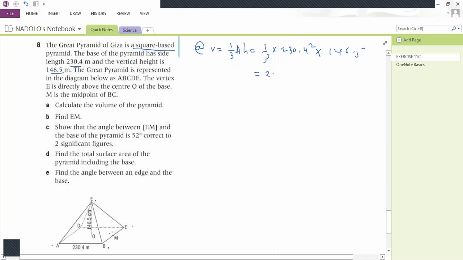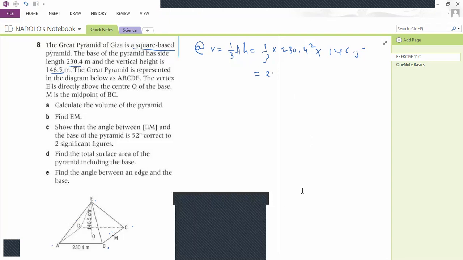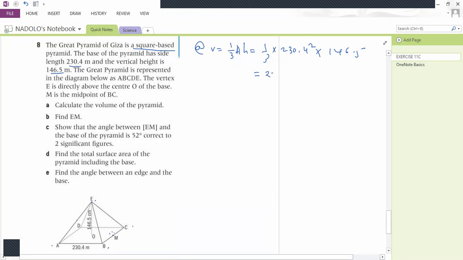From your calculator, you will put it in standard form as 2.59 times 10 raised to 6 cubic meters. Okay. So 2.59 times 10 raised to 6 cubic meters, confirm that that is your answer for the volume.